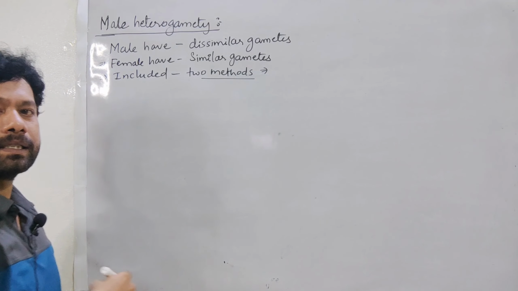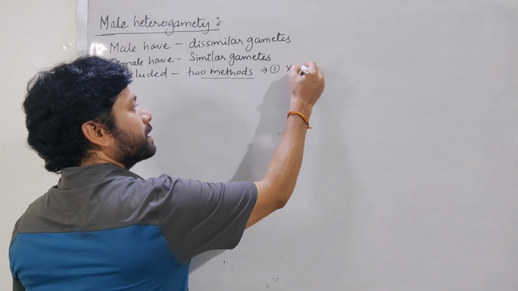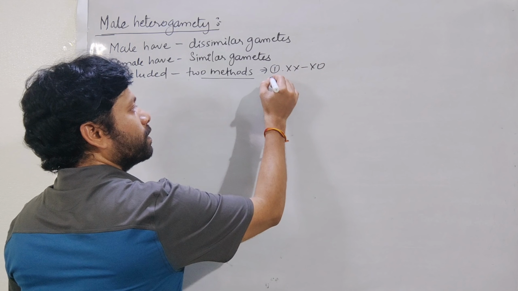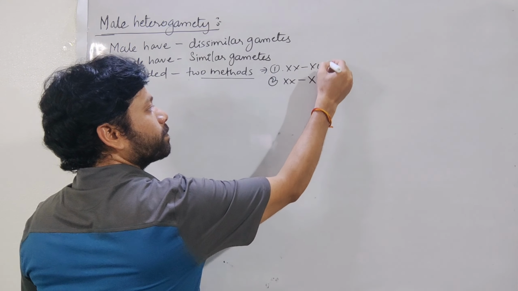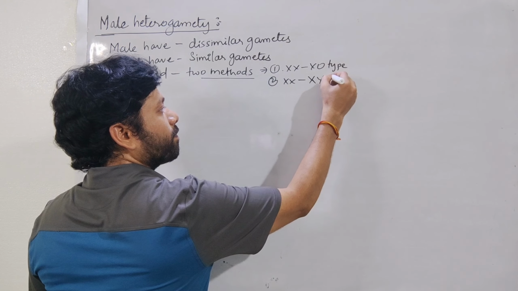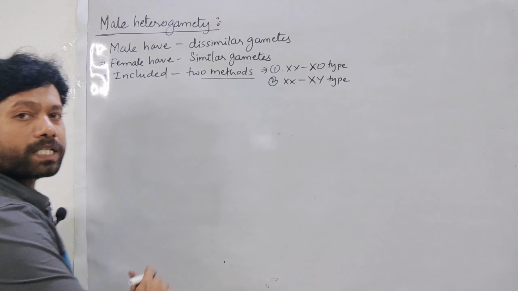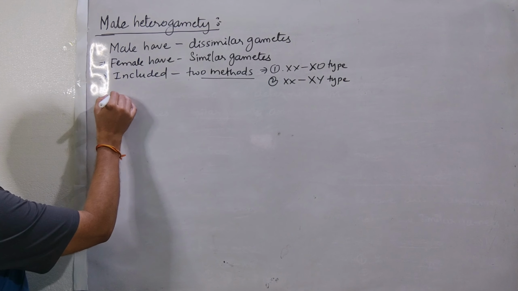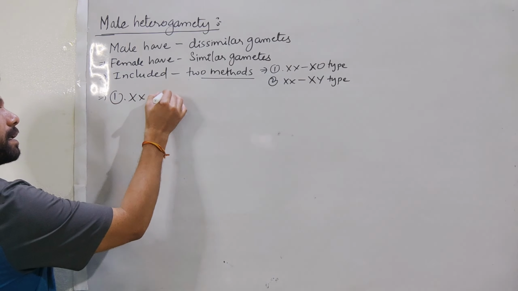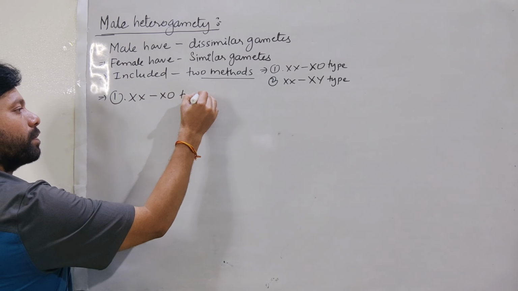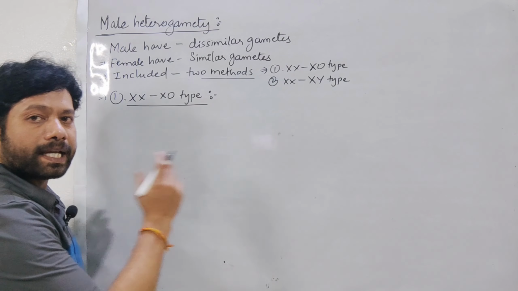What are they? The first method is XX, XO type. The second one is XX, XY type. So the first method is the XX, XO type.